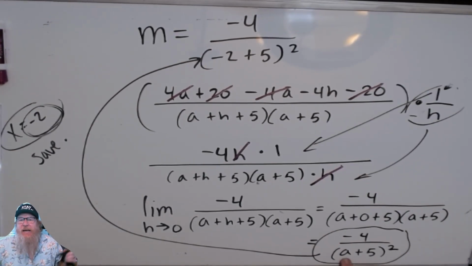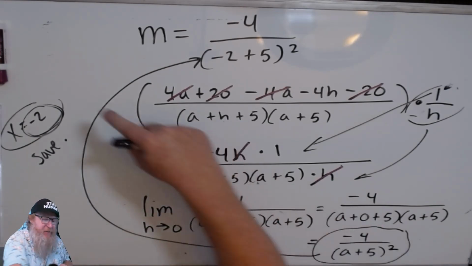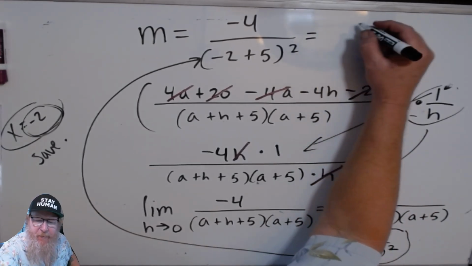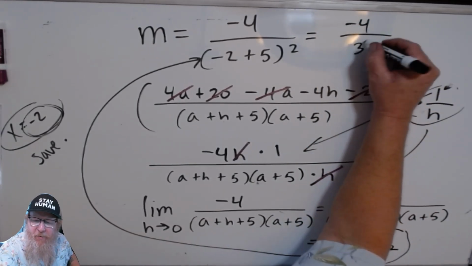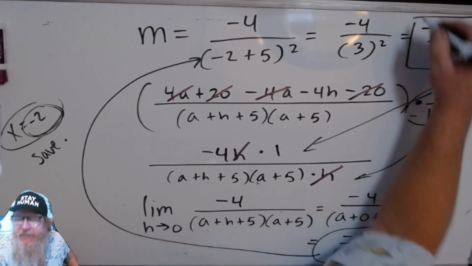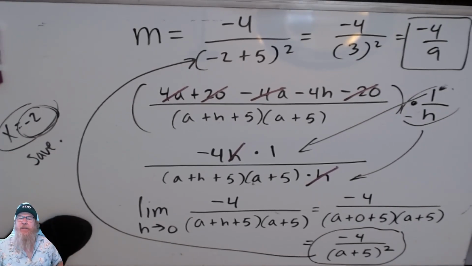A and x are the same thing, right? X is general, like all x's. A is very specific for this particular problem. A is negative 2. So I've got negative 4 over 3 squared, which is negative 4/9. So that's the slope at this particular point.